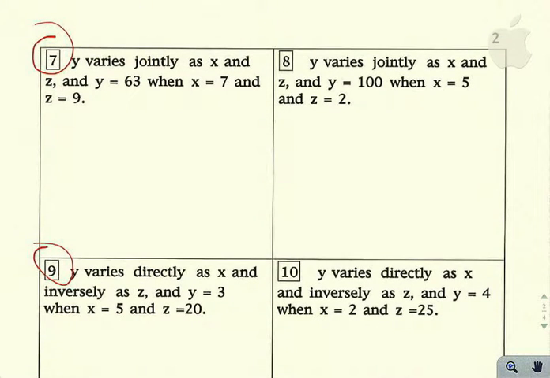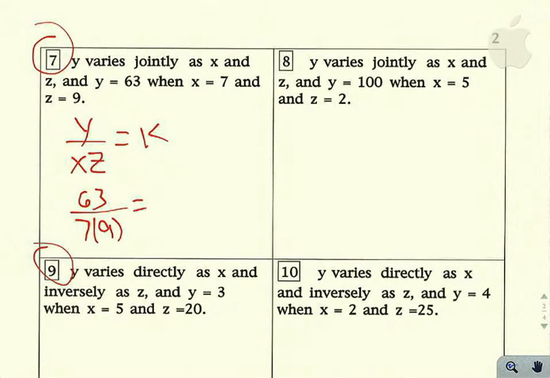Number 7 says y varies jointly as x and z. That means directly with x and z at the same time. Now we plug in, so we have 63 for y and 7 and 9 for x and z respectively. And that's going to make k equal to 1. So y over xz equals 1.